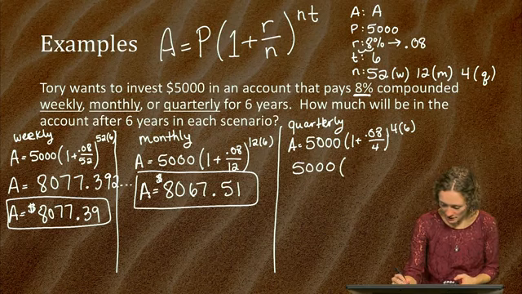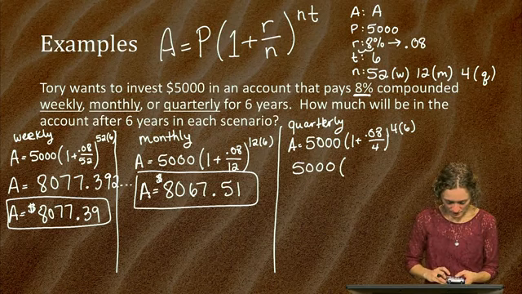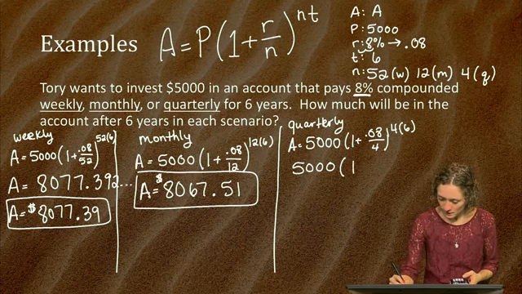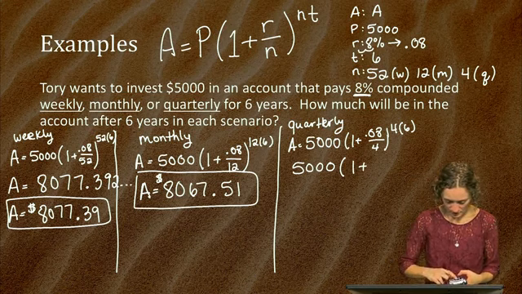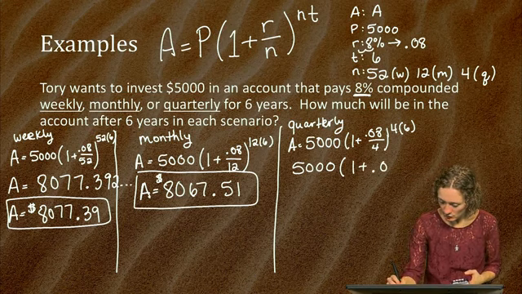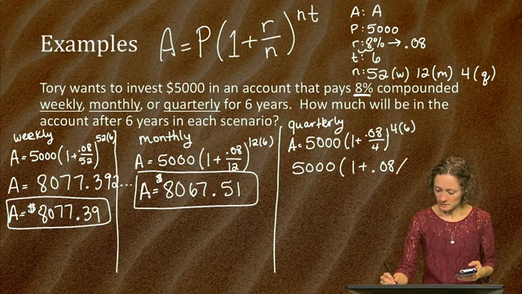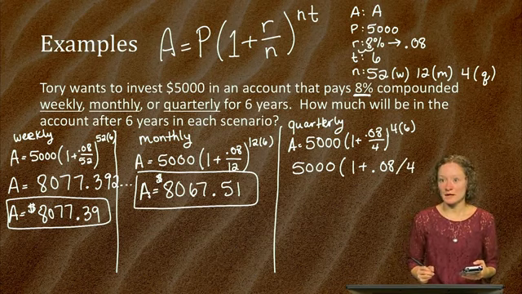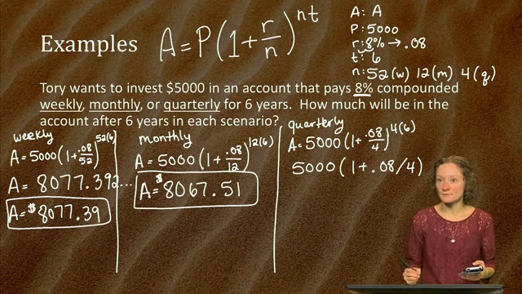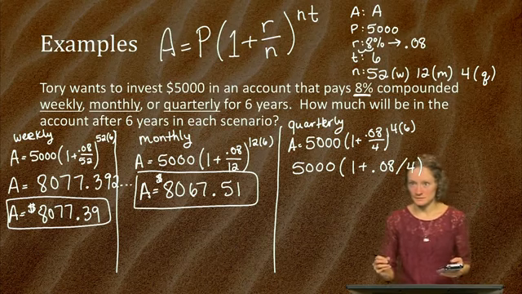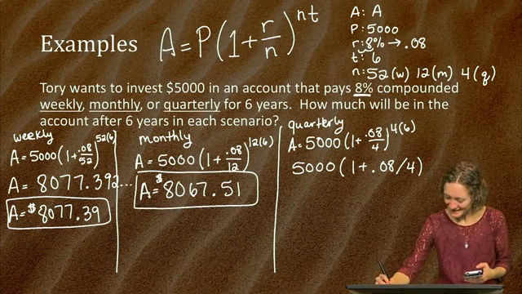So we'll have 5,000, open parentheses, 1 plus 0.08 divided by 4. Other way.